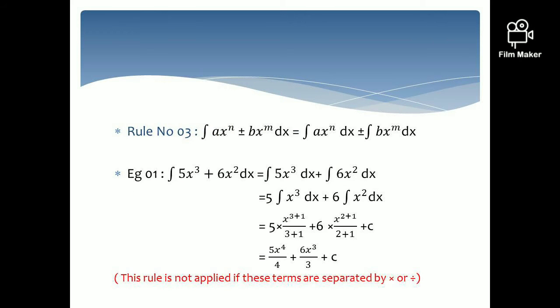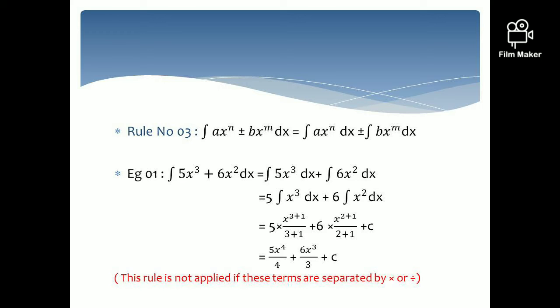Let's move on to rule number 3. Rule number 3 is: if you integrate a few expressions separated by additions or subtractions, you can integrate them separately and add or subtract them as mentioned in the problem.